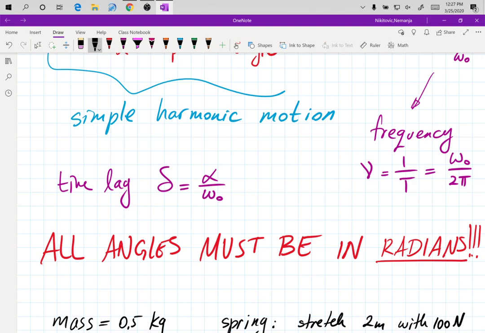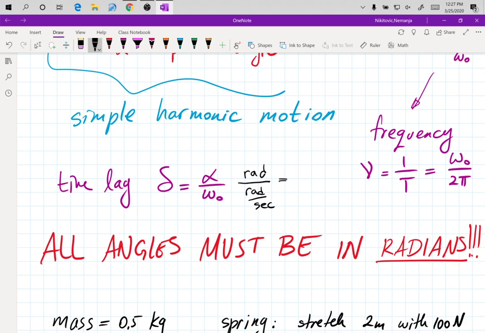So your angle is in radians, right? So radians divided by angular velocity is radians per second.